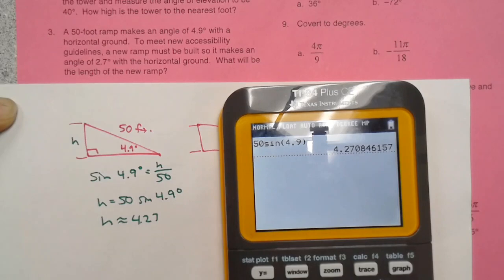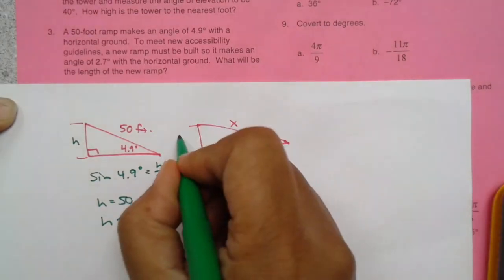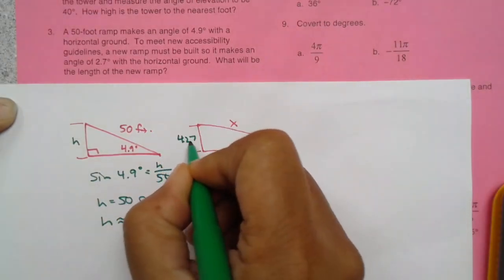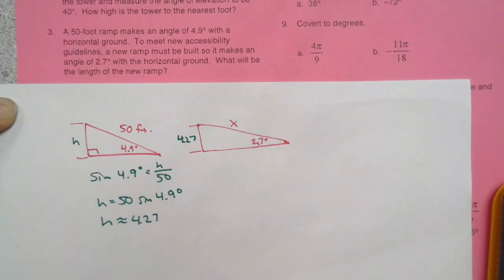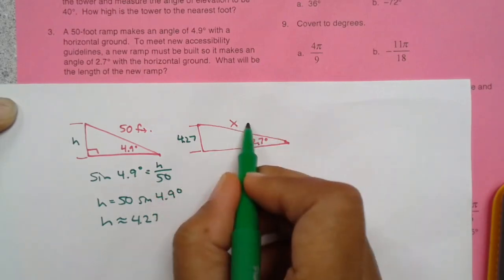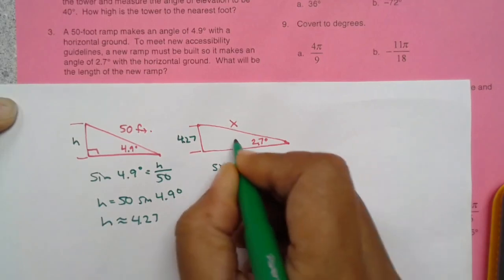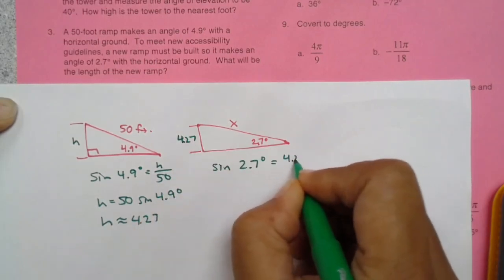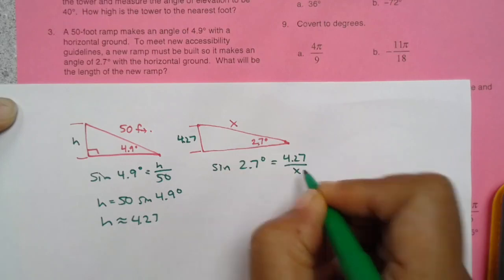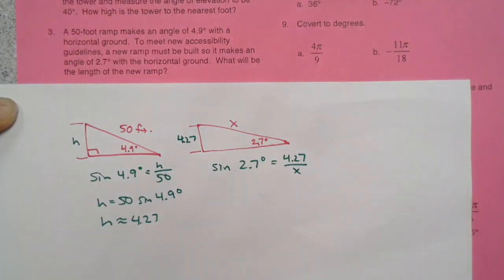All right, so using that height for this side right here, 4.27, we want to find out what this new length is. So again, this is going to be opposite and hypotenuse. So we're going to use sine of 2.7 degrees equals opposite 4.27 over hypotenuse, which I'm solving for. All right, we're going to cross multiply.